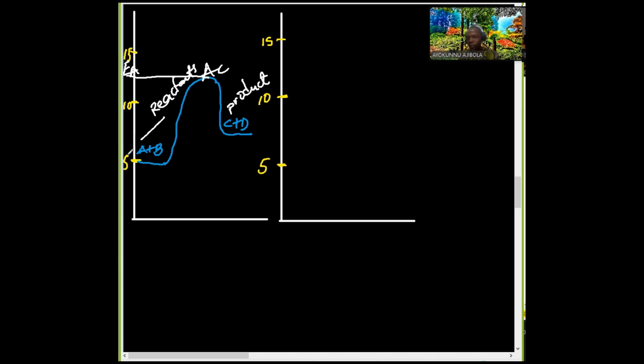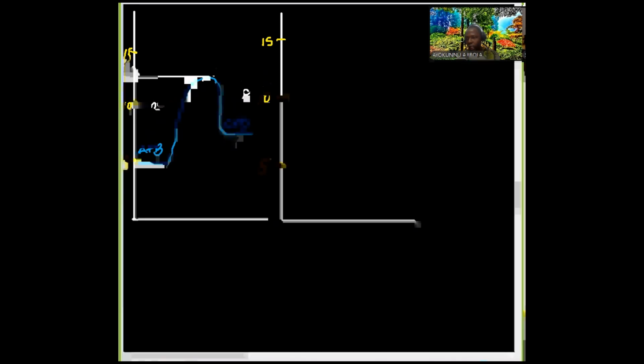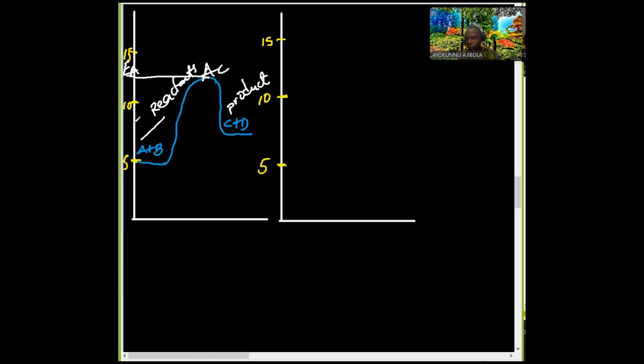Since the reaction started at 5 and ended at an energy higher than 5, because it's going to end here, and this place is higher than 5. Then we have this. Then let's consider the second one.